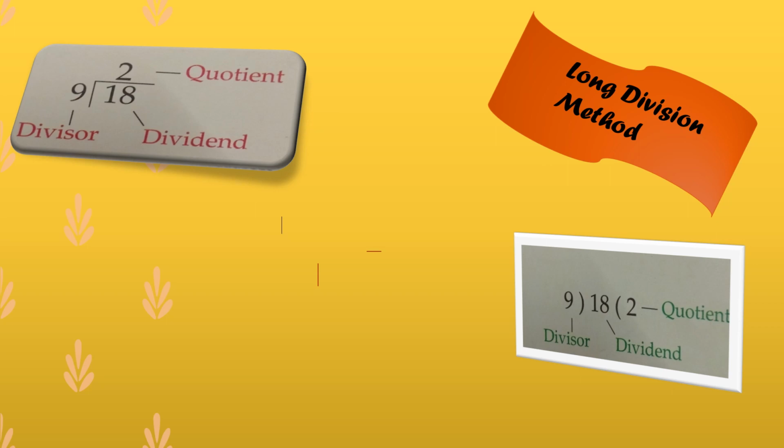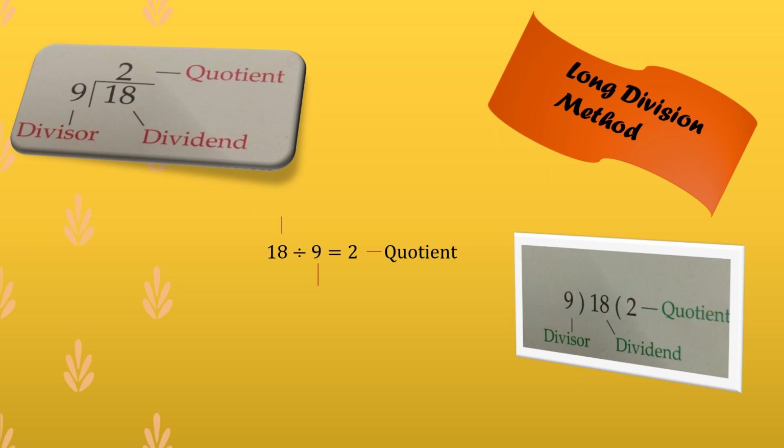Okay, so let's take an example. 18 divided by 9 equals 2. See children, 2 is the answer which we get after doing the division. After dividing 18 by 9, we are getting the answer 2.